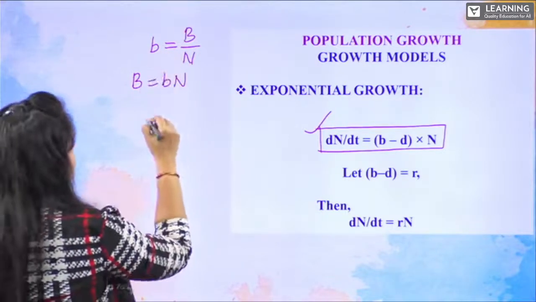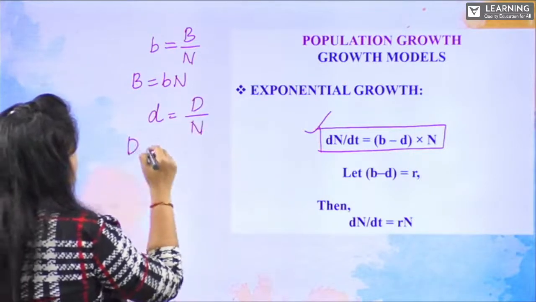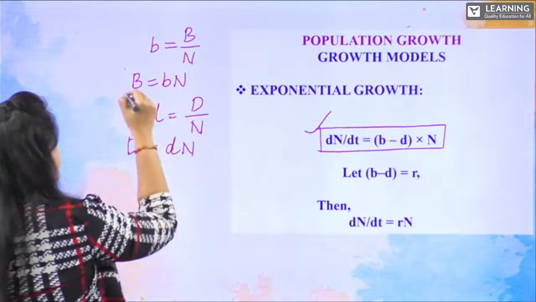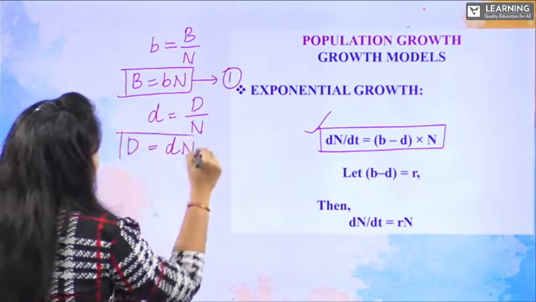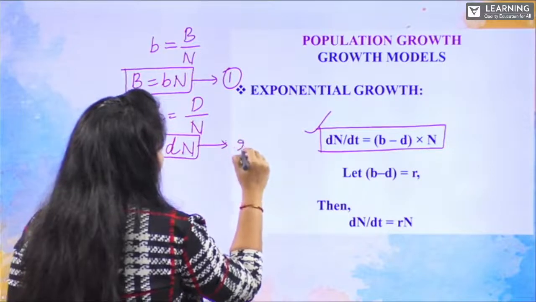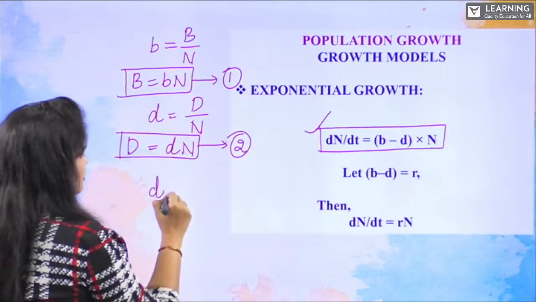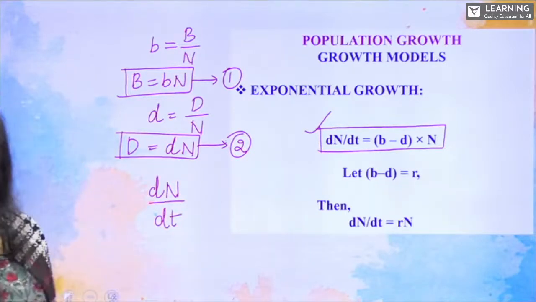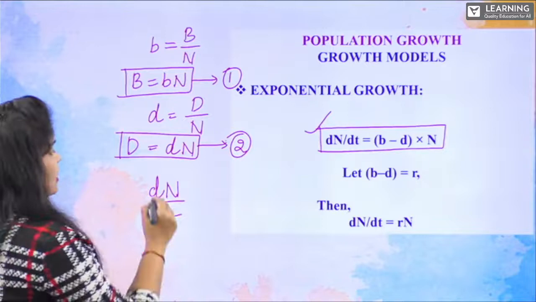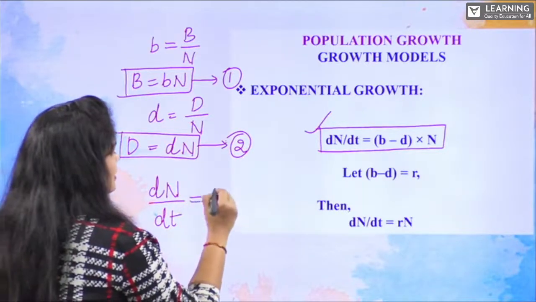Same way, this is the first equation, this is the second equation, right? We are here to calculate the change in population density by change in time. What is that?